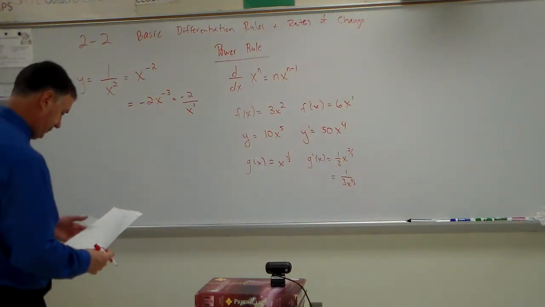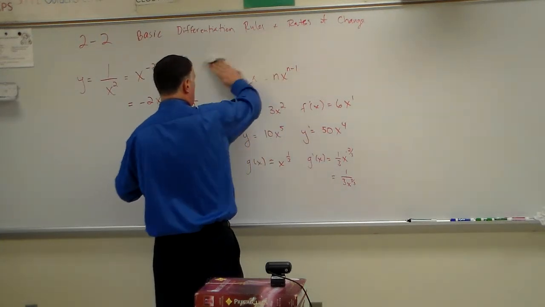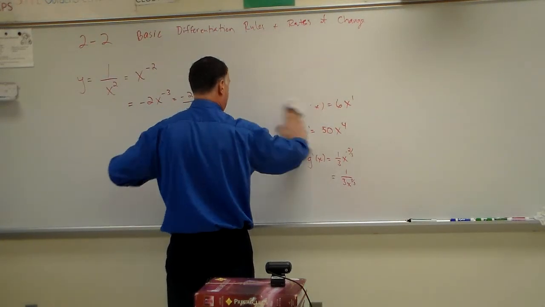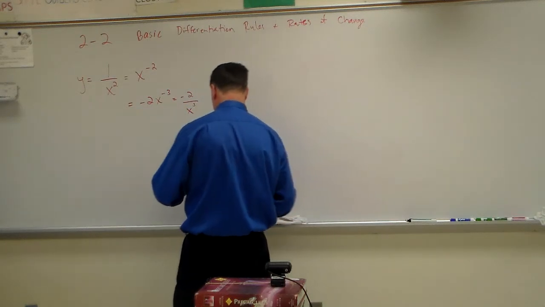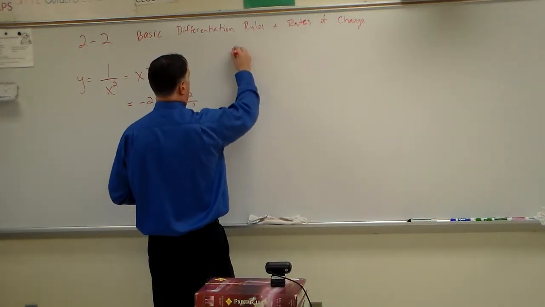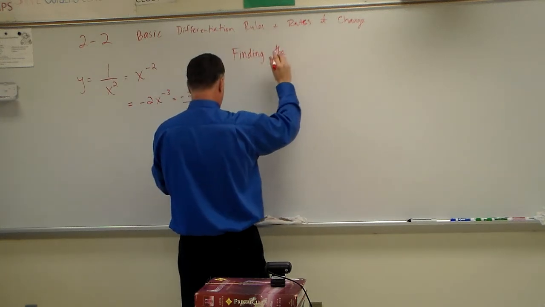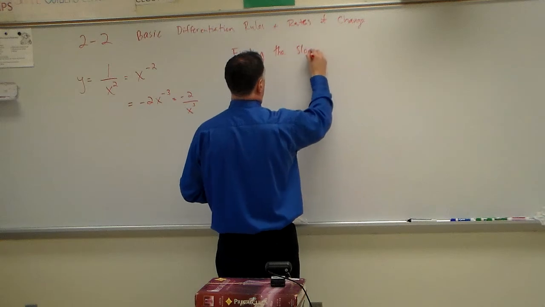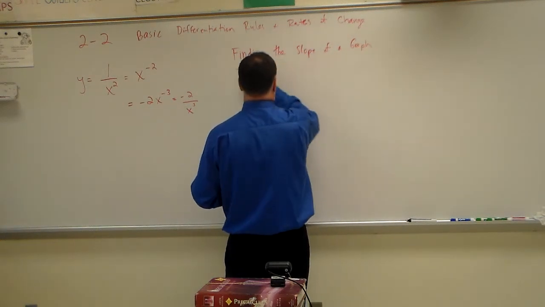All right, so the next thing, I'm going to talk more about slope. Slope is the derivative. The slope at a point is the value of the derivative at that x value. Finding the slope of a graph.